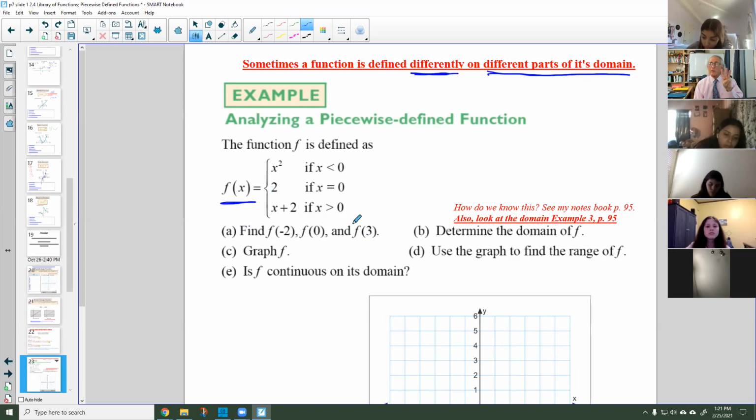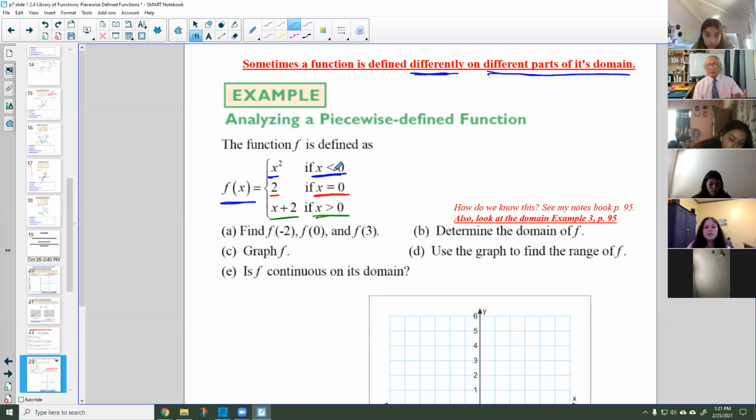And I'm going to define it differently on each piece. So when my x value is less than 0, I want my function to be x squared. When my x value is equal to 0, I want my function just to be simply the constant 2. And when the value of x is greater than 0, I want my function to be x plus 2.